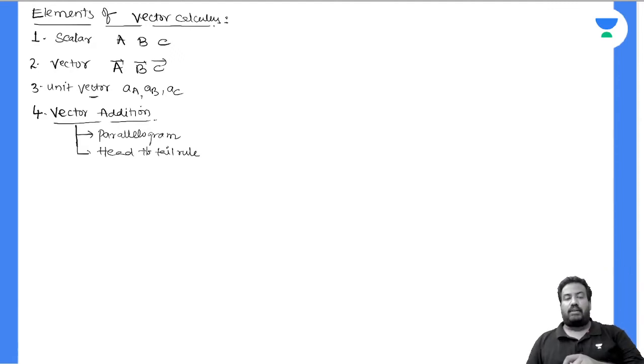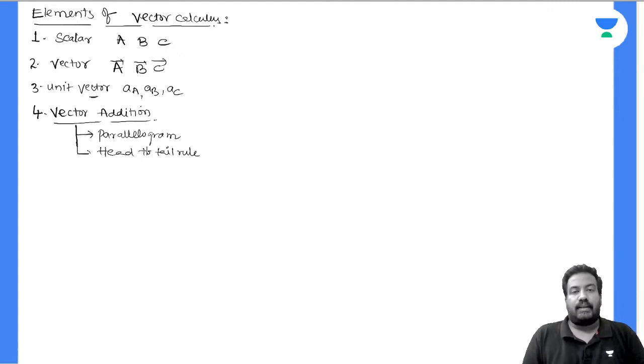According to parallelogram law, if A and B are two vectors which are two arms of a parallelogram, then the resultant vector C equal to A plus B is the diagonal of the parallelogram.